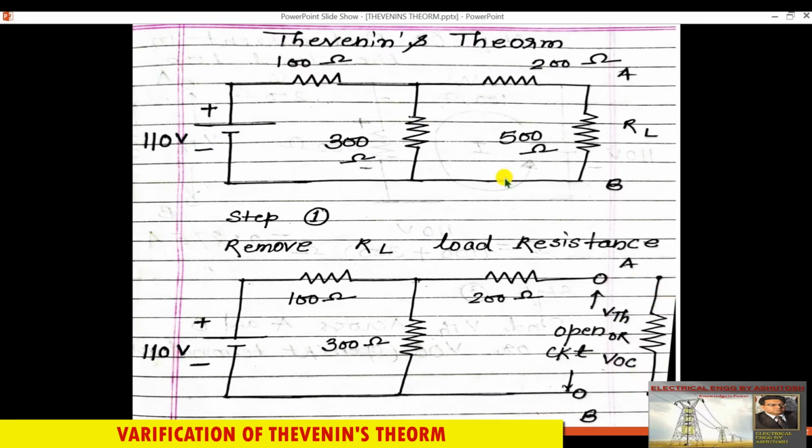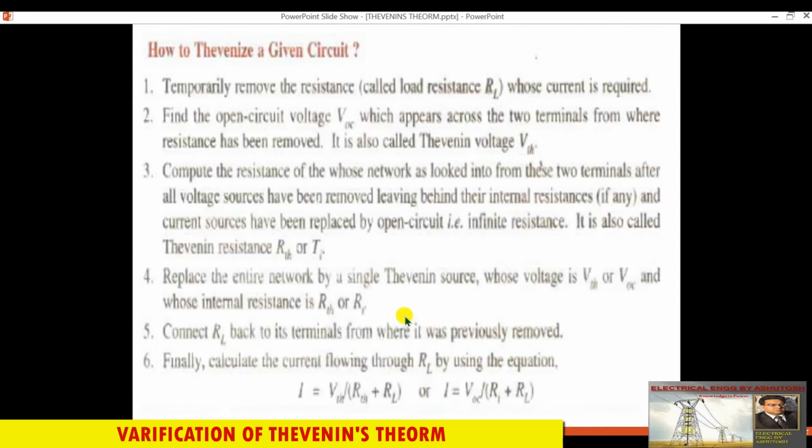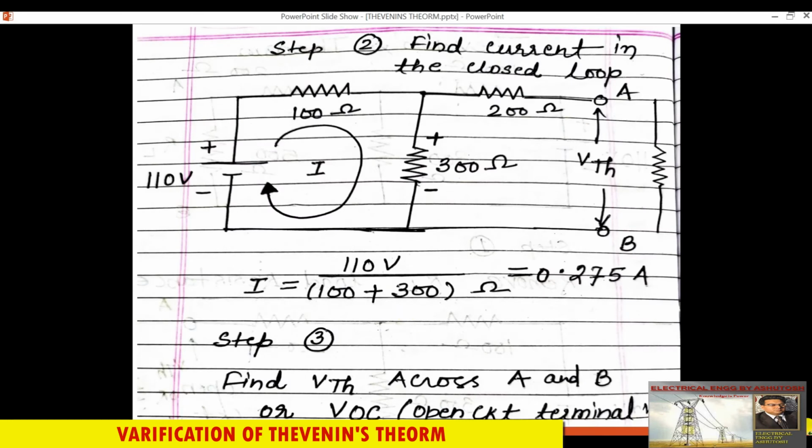This is RL 500 ohm, and now these terminals A and B get open circuited, and now you have to find out the current. In the second step, find the current in the closed loop. Now this circuit gets open circuited, so no current will flow through here, and current will flow through this closed circuit. So now find out the current.